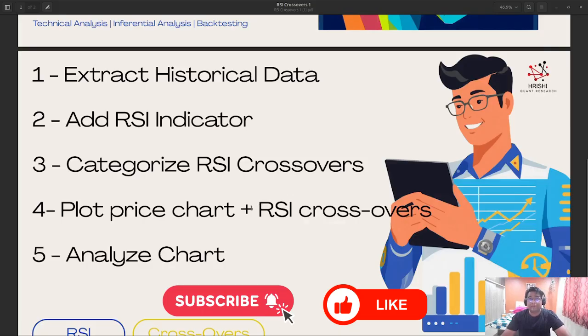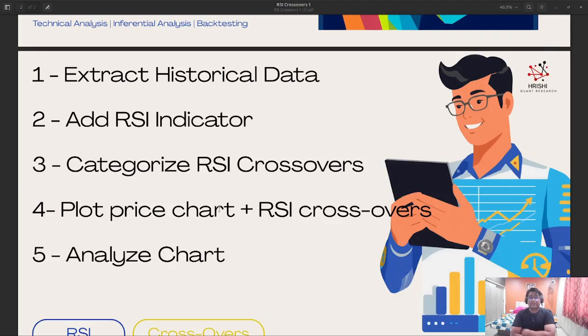So let me explain to you. Say we take two or three RSI levels, 10, 20 and 30. RSI has crossed above 10, RSI has crossed above 20 and RSI has crossed above 30, and we will mark these entries at the closing price.